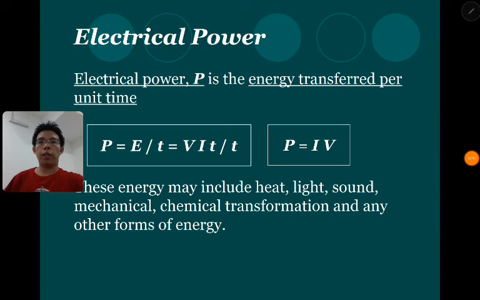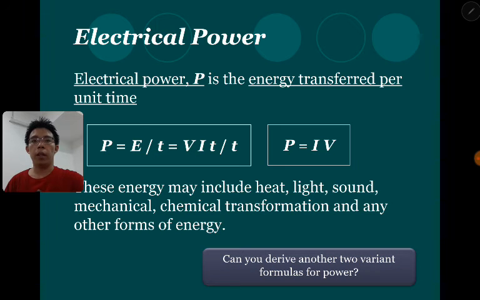The energy delivered by the electrical circuit can include heat, like for example the kettle, light for the lamp, sound if you have a speaker, mechanical energy if it's a motor, or chemical transformation or any other forms of energy converted from the electrical potential energy.